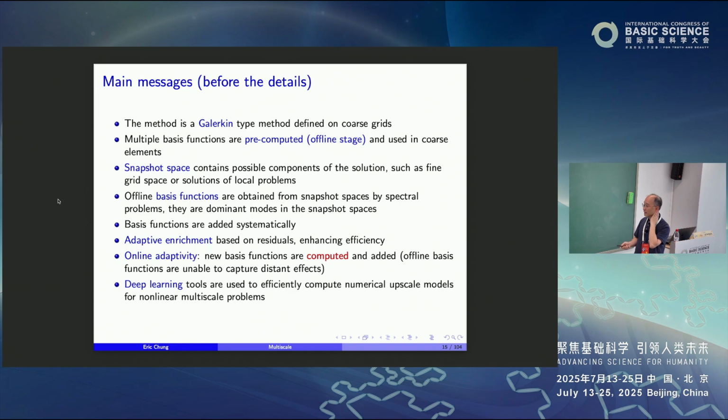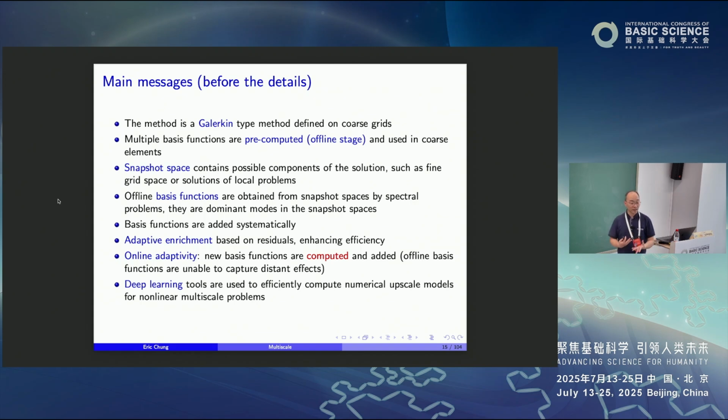So one step is to do this, and then next we will construct the required basis functions. What you will do is that within this snapshot space, we try to find out what are the most important features. We try to find out the dominant modes within the snapshot space.